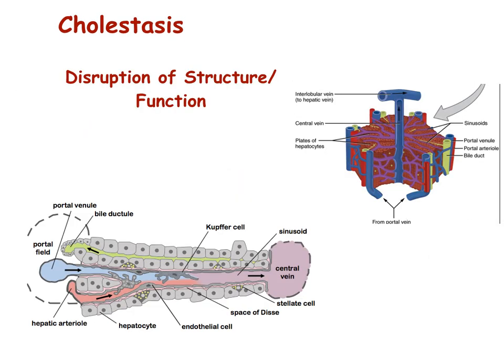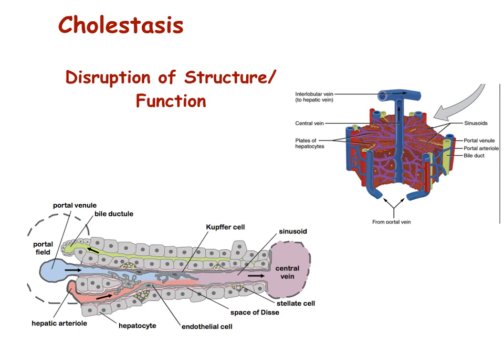We have to note that there is no direct continuation between every hepatocyte and the bile ductule, but rather every hepatocyte has to expel the bile. And we have to note that the bile ductules are lined by cholangiocytes, and these cholangiocytes excrete sodium, water and sodium bicarbonate.